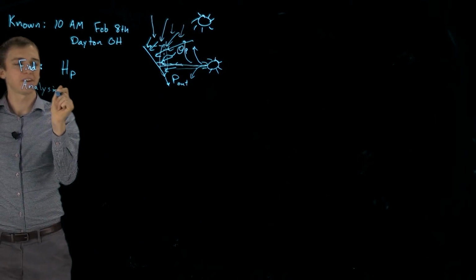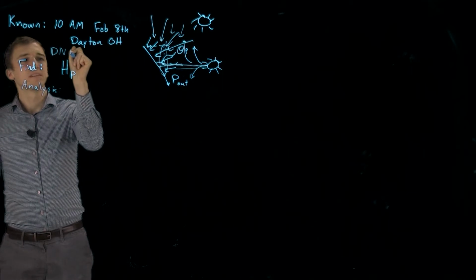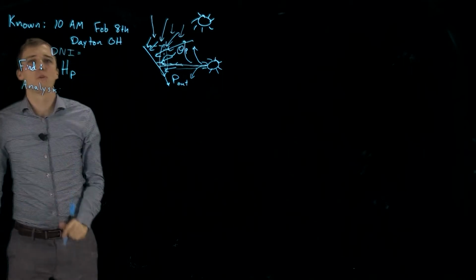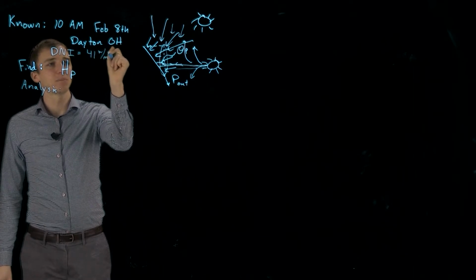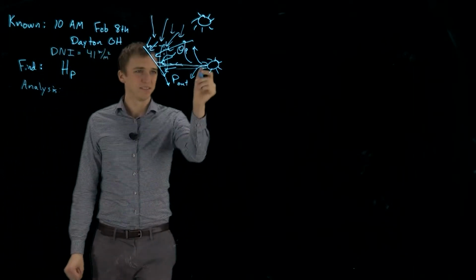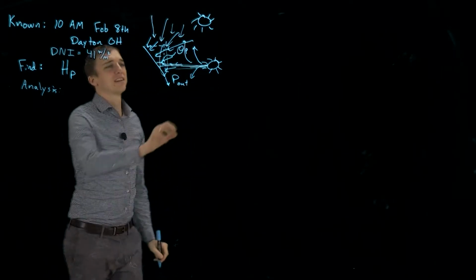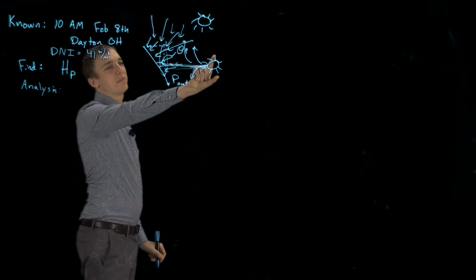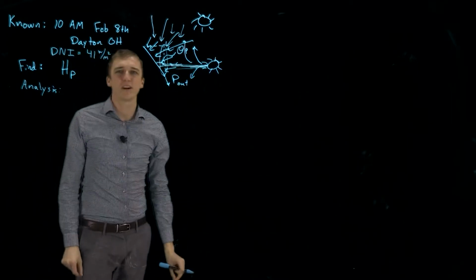What I haven't added to the knowns but left space for is the direct normal irradiance, which is 41 watts per meter squared. This is the beam, the direct heat coming directly from the sun that's hitting our panel.